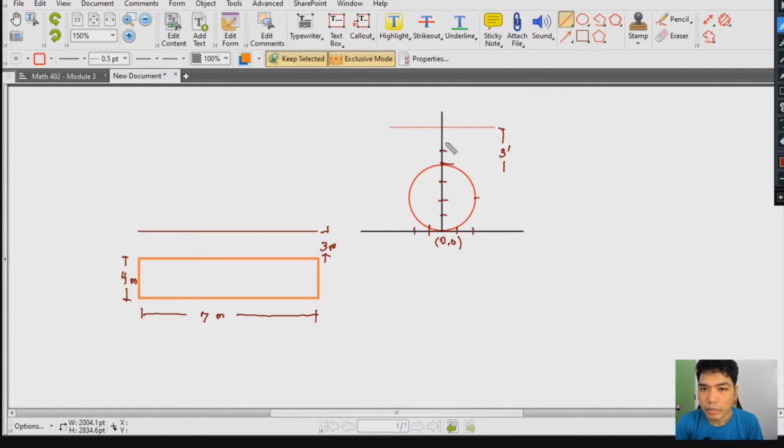This one is just 3 units also. Okay, so technically this is our 7. This one is 4. Okay, so that is when we translate the front view of this horizontal cylindrical tank to the Cartesian coordinate system.